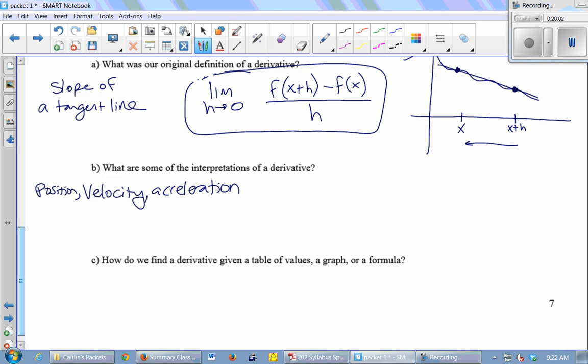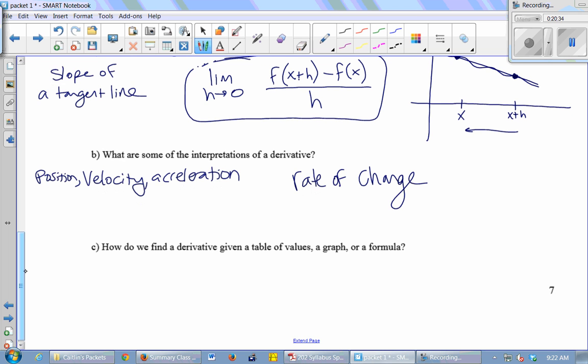How about a more general interpretation of the derivative? Rate of change, yeah. Velocity is a rate of change of position with respect to time, but you can use a function to measure all kinds of things other than position, and we interpret the derivative as a general rate of change. All right, how do you find or estimate a derivative if you're given a table of values?